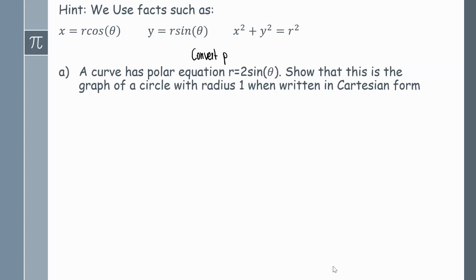Show that this is a graph of a circle with radius 1 when written in Cartesian form. So to convert from polar to Cartesian, we've got to get rid of the r's and the thetas, so eliminate those and be left with an equation that's just got x's, y's, and constants and coefficients.